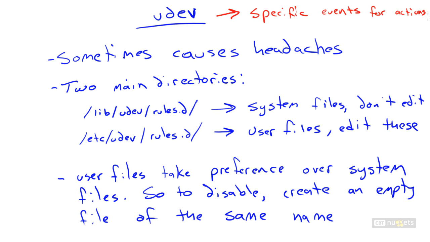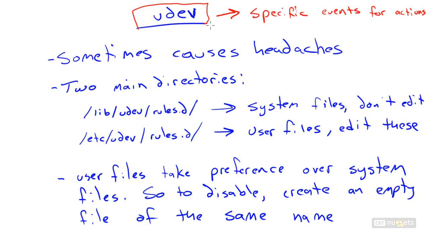It might be /dev/sdd one time, and the next time it might be /dev/sde, all depending on what's going on in your system at the time you plug it in. There are times when you want to write specific rules that force one particular USB drive always to mount on /dev/sdh or something like that. And that's where UDEV comes into play. It helps define specific actions based on kernel events like plugging in a USB drive.